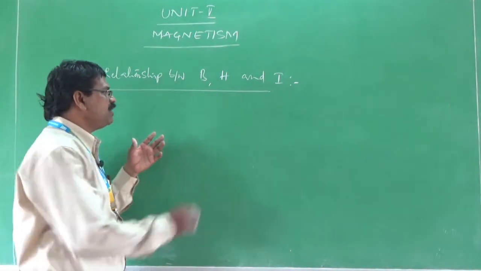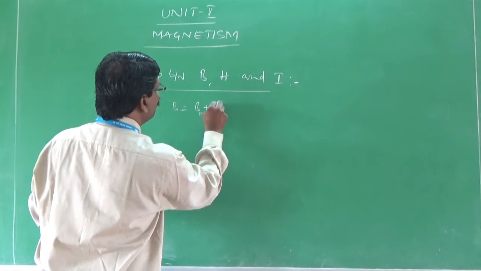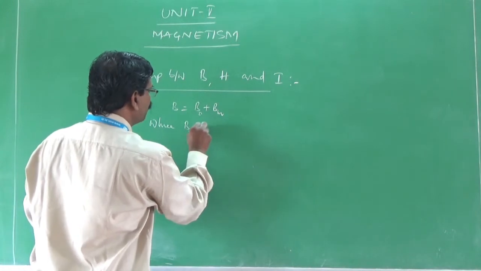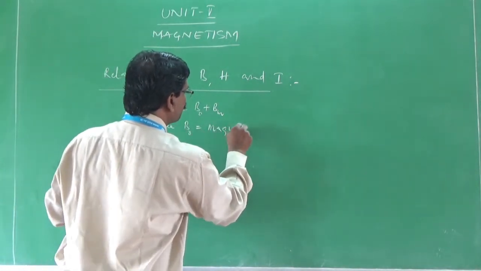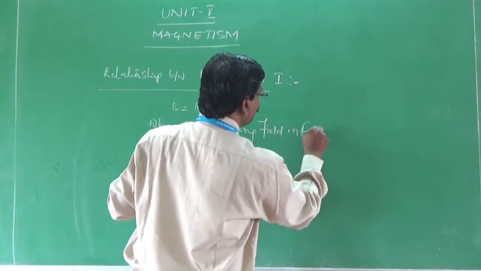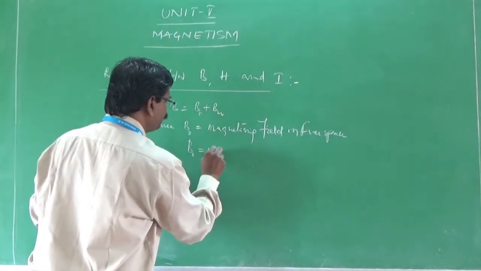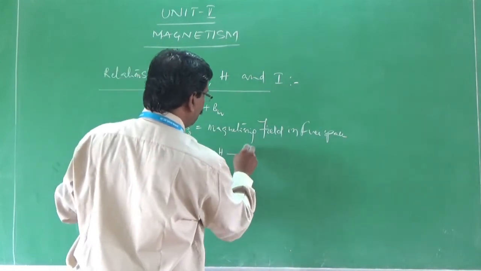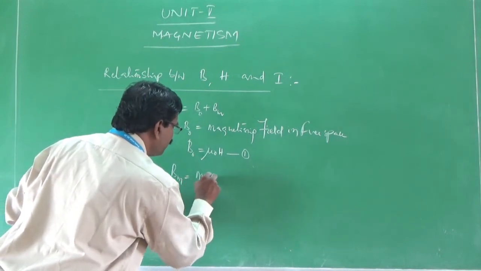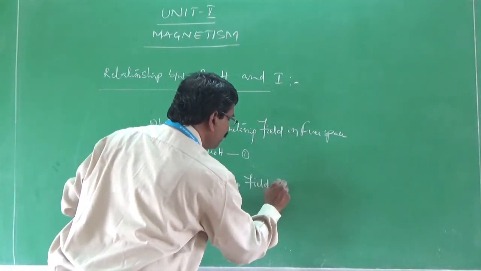The magnetic induction B is expressed as B naught plus B suffix m, where B naught is equal to the magnetizing field in free space, which can be represented as B naught is equal to mu naught H, equation 1, and where Bm is equal to the magnetizing field in medium.